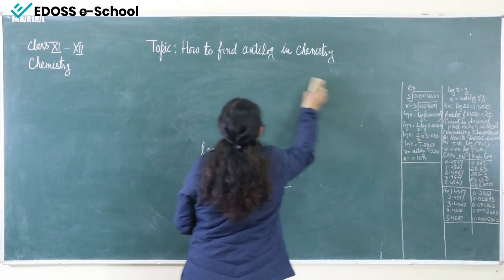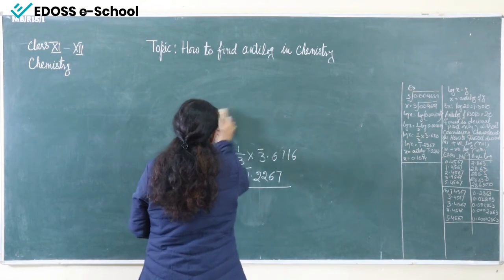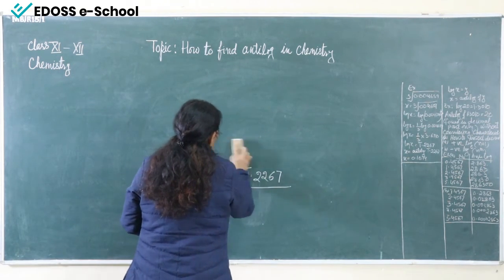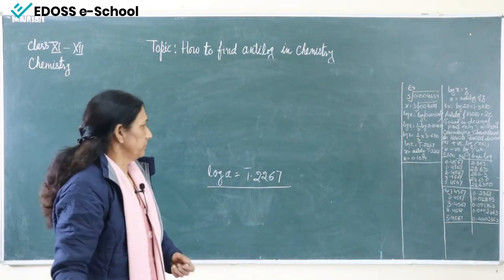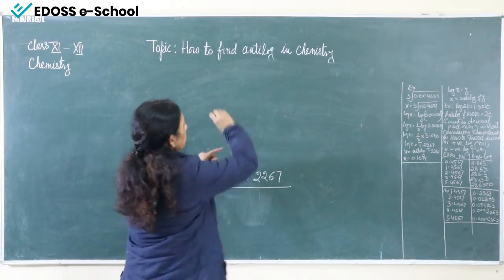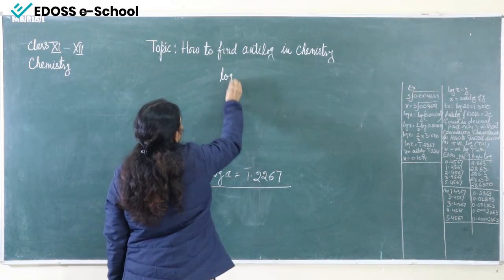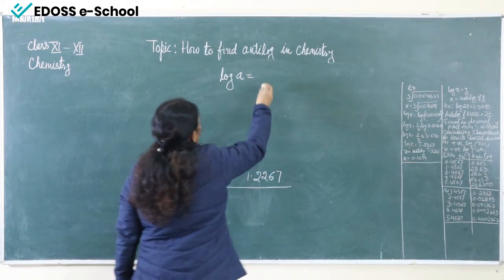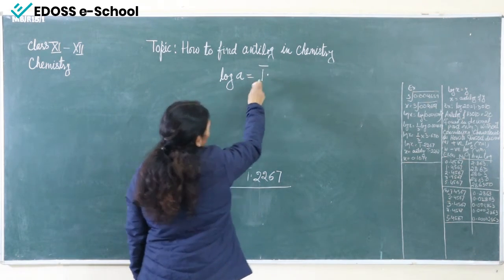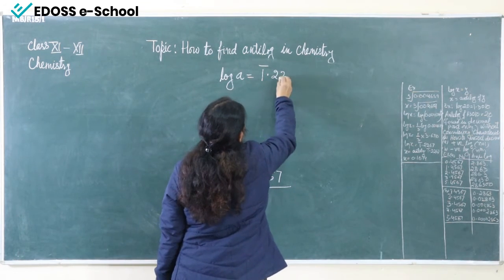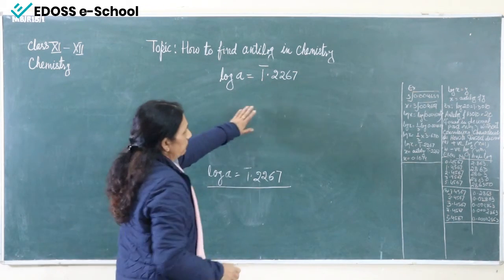Now, the second part of this question, we have to find anti-log of this question. Now, I will write the question. This is log A. So, I am writing here, log A is equal to 1 negative 2267. Okay.